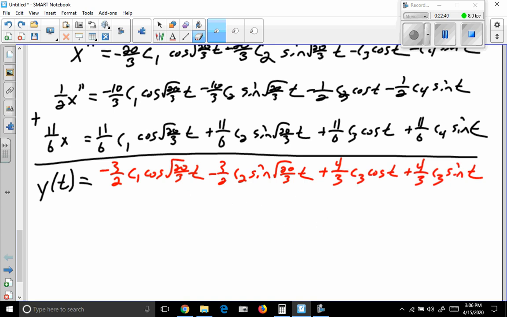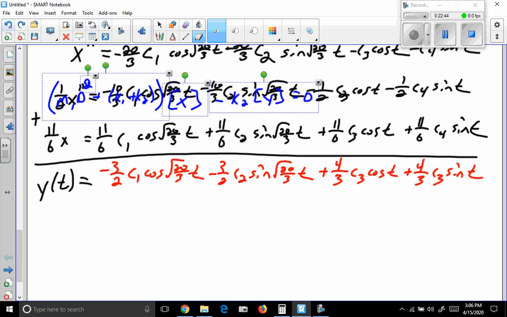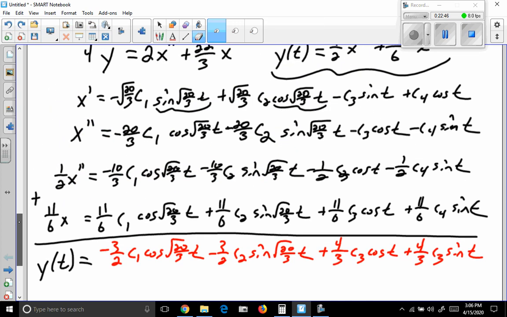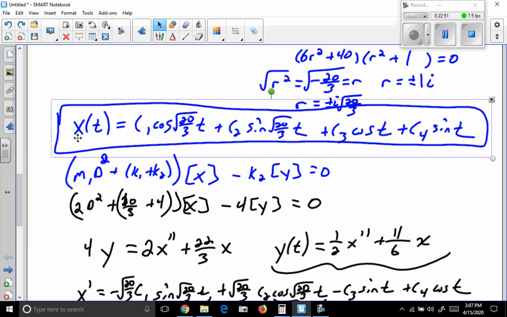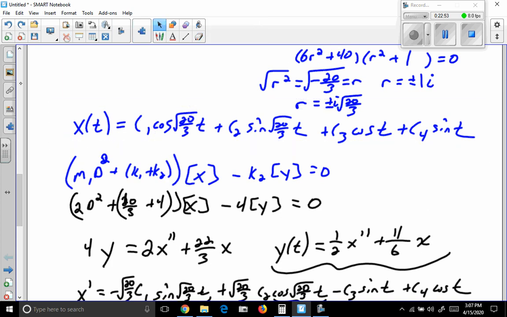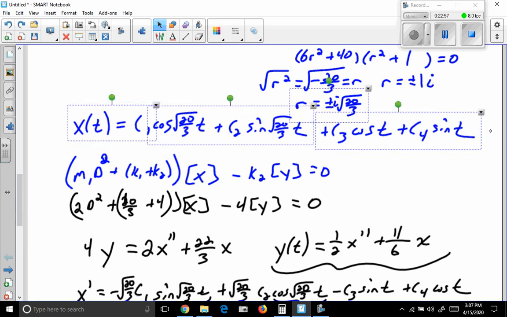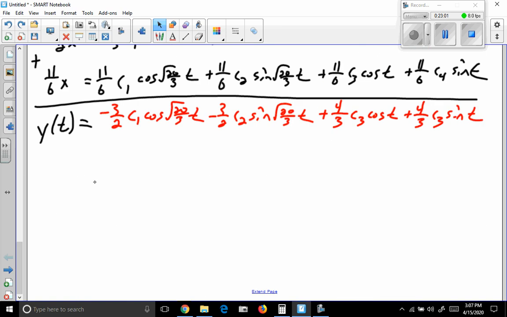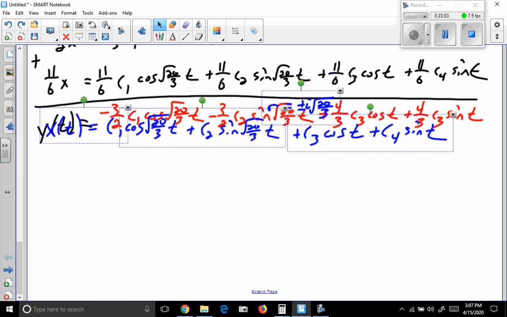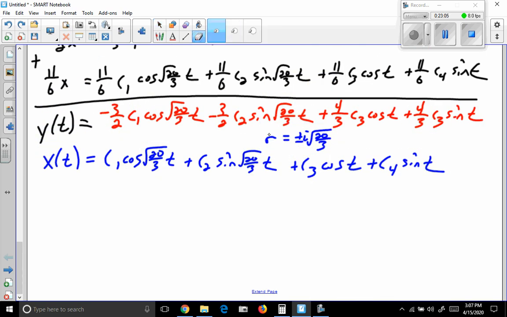So that's y. So again, let's paste x. So there's x and there's y.